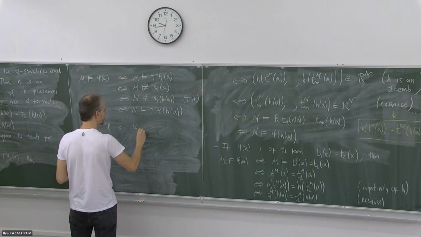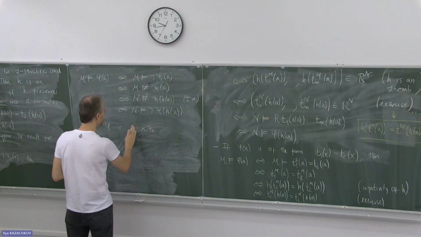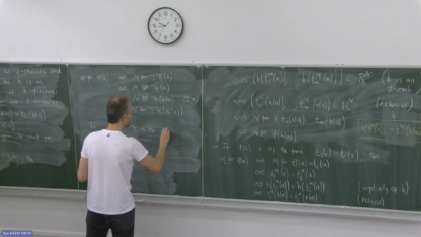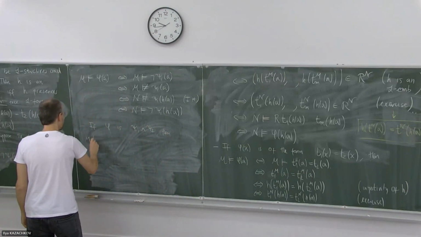So this is one case, and the other one is if phi is psi1 conjunction with psi2. Well, then this is also super easy, right?